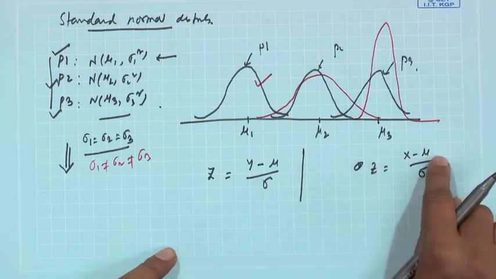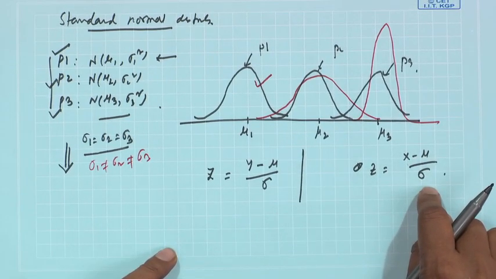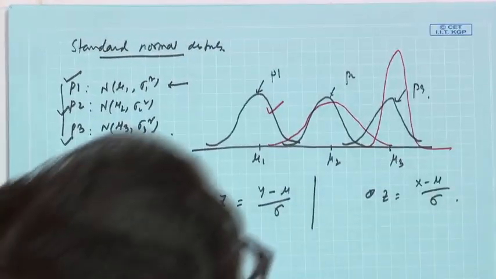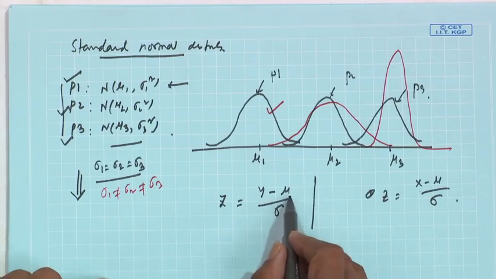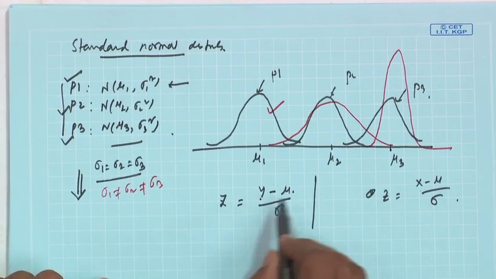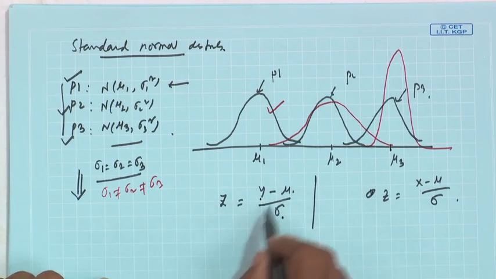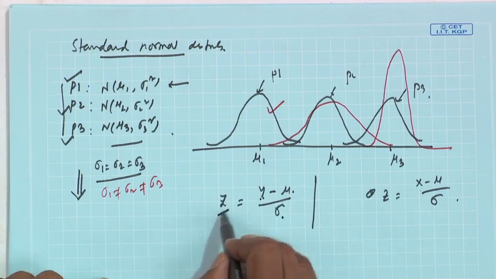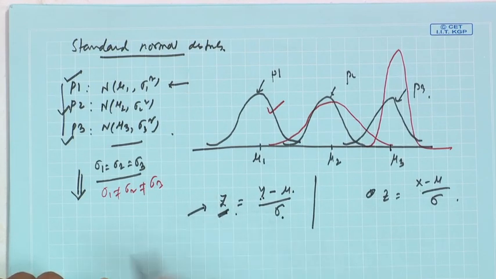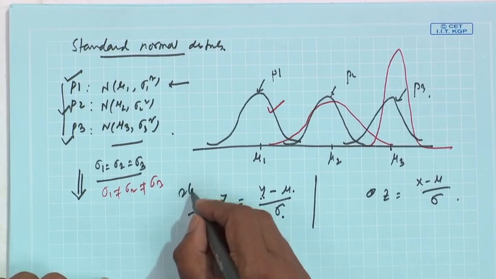Obviously, mu and sigma are the mean and standard deviation. In this case, you are subtracting the mean from the random value and then dividing by the standard deviation. So, instead of y, you are creating another variable called z, which is known as the standardized variable.